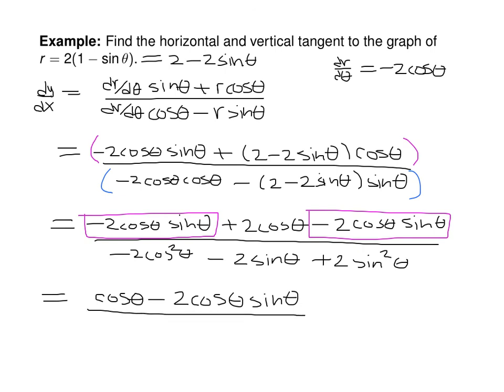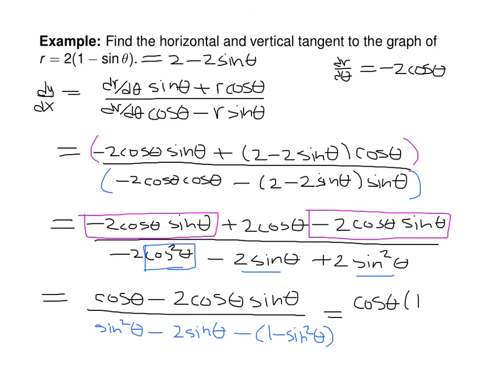All over. Now in this denominator, I have a sine, and a random old cosine. So let's put that sine squared of theta first, minus 2 sine theta, and then minus, I can make that cosine squared into 1 minus sine squared theta. And that gives us, in the numerator, we can factor out a cosine theta, 1 minus 2 sine theta.